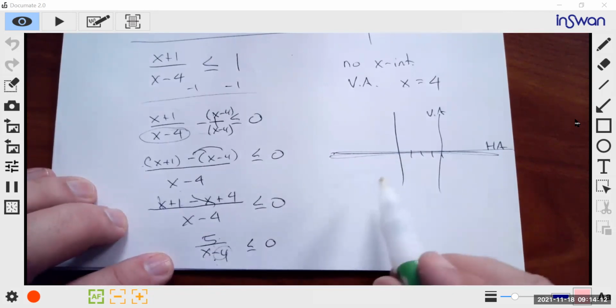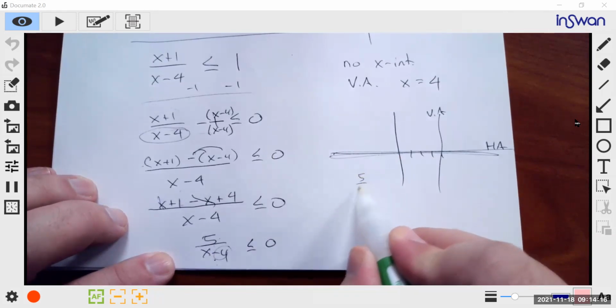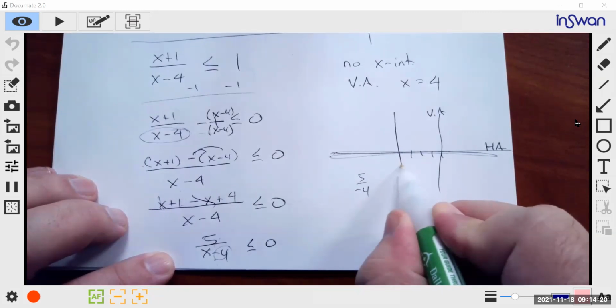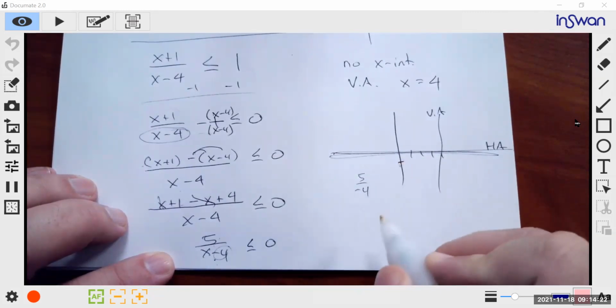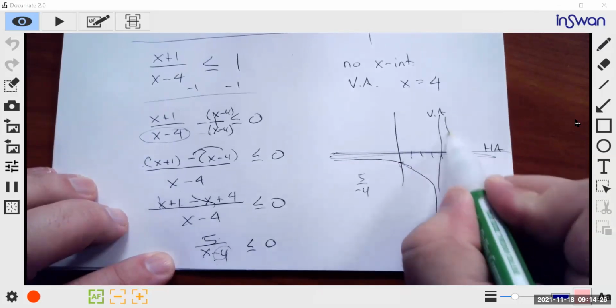If we plug in 0, we get 5 over negative 4, negative 5 fourths, so it's down here. So that means our graph will look like this.